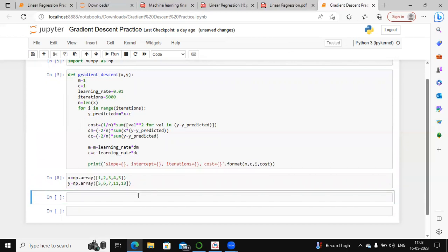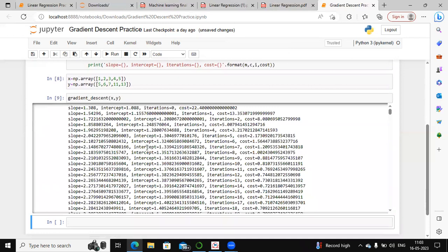Now let's pass to gradient descent the values of x and y, so x comma y.